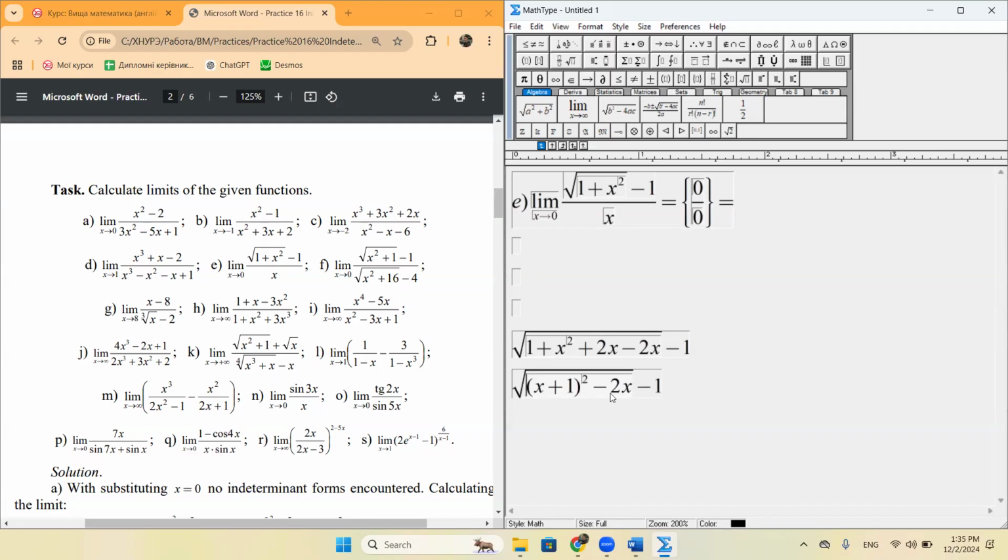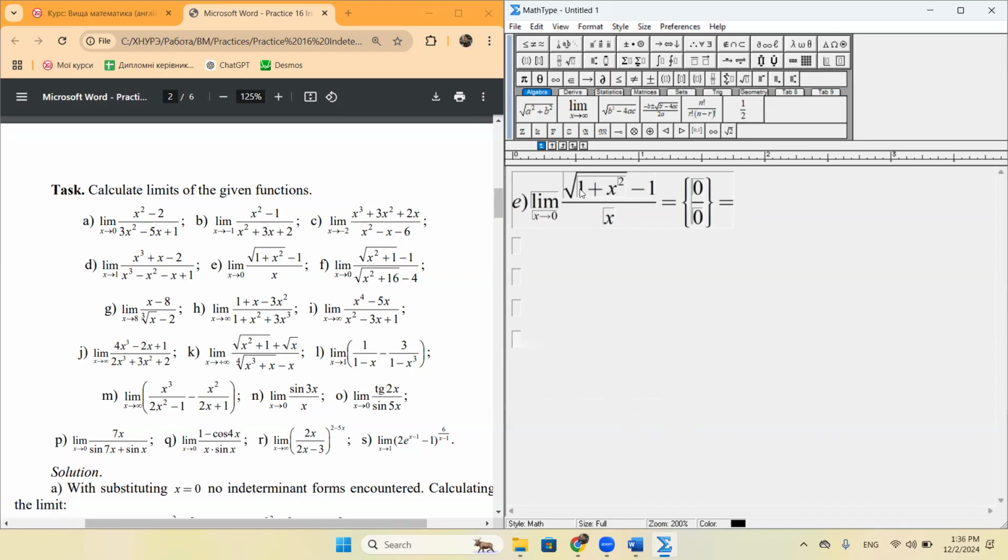But then we can subtract the square root of 2 multiplied by x and use the formula a square minus b square equals the brackets where a plus minus b. So the formula a square minus b square, and how will we use it?